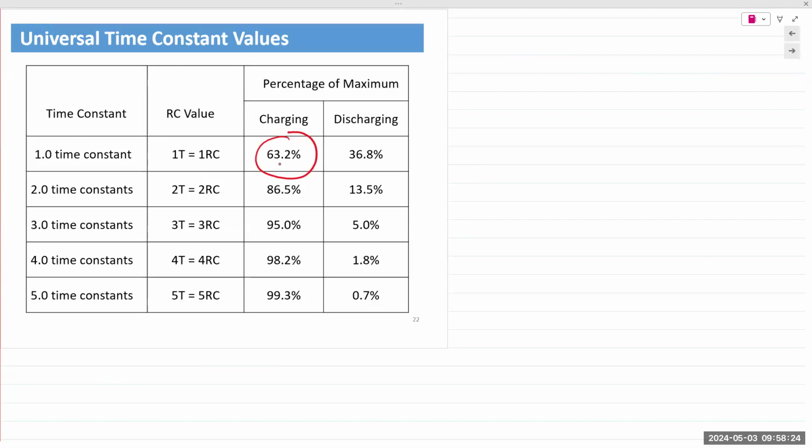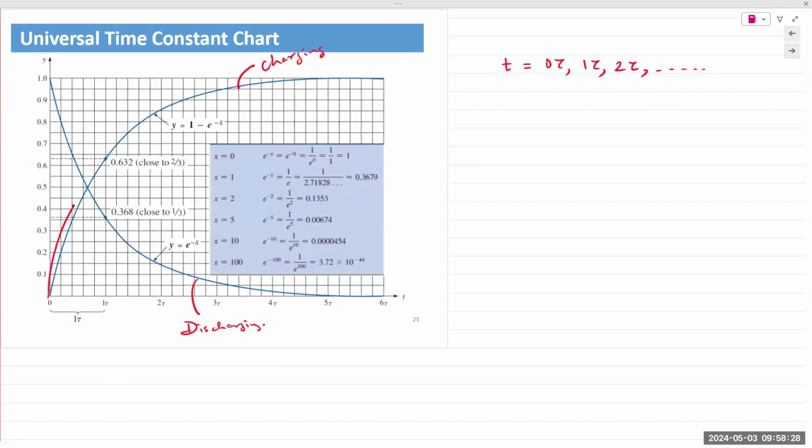So there's a big jump. It's exponential, right? So there's a big jump right at the beginning. So in a very small period of time, it acquires more than 50% of its final value. Does that make sense to everyone?